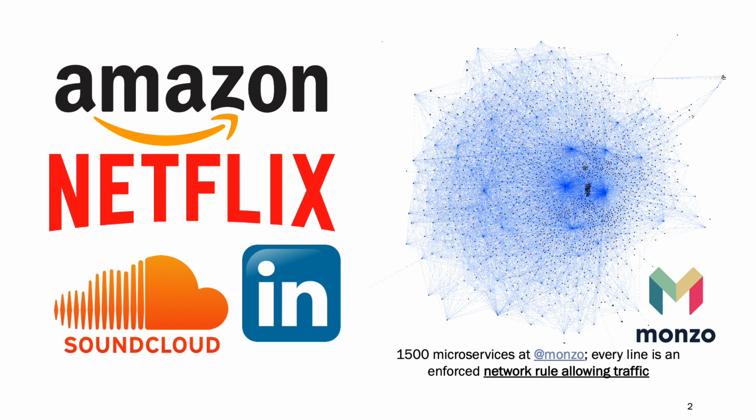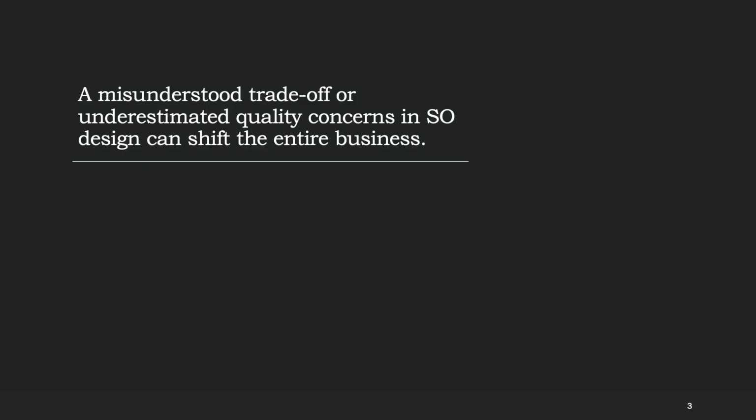Consider how difficult it is to locate a faulty or incorrect rule in such a configuration. Still, many organizations decide to do the shift from a monolith to a service-oriented design. But a misunderstood trade-off or underestimated quality concern in software-oriented design can shift the entire business.